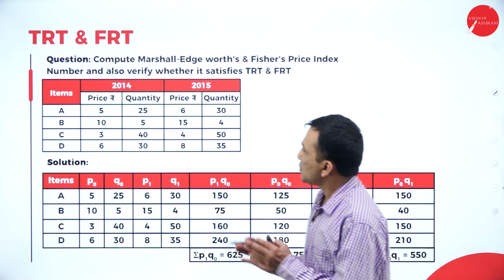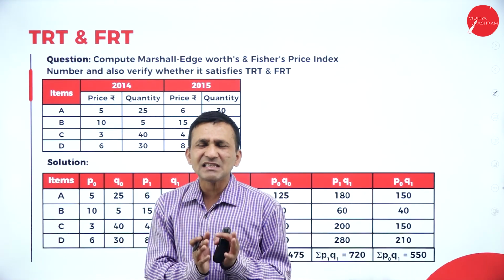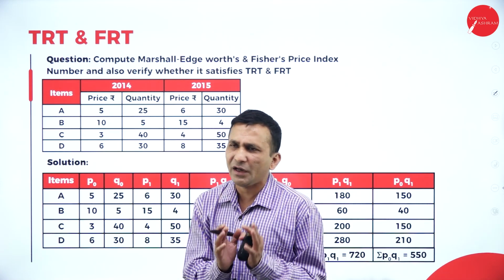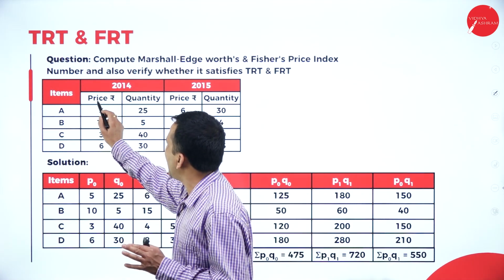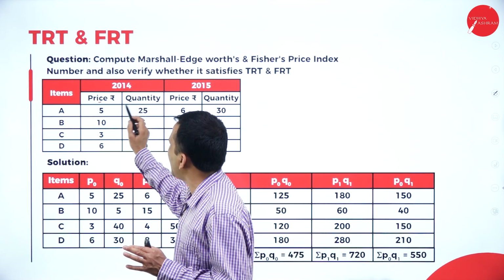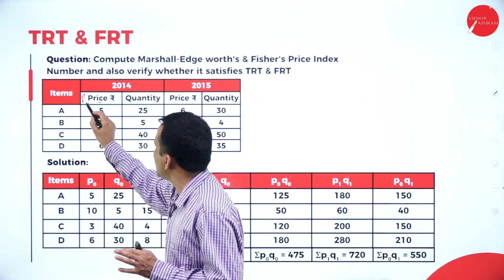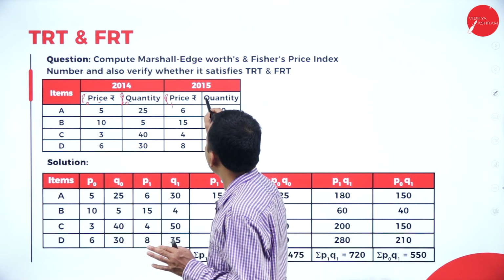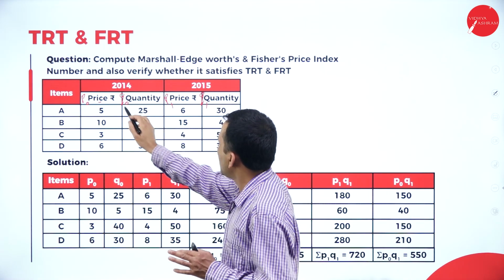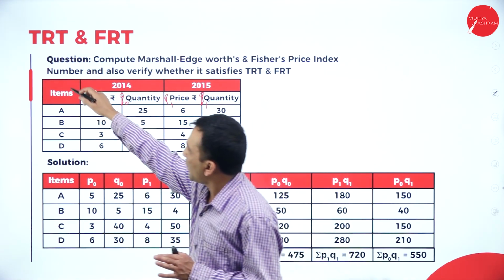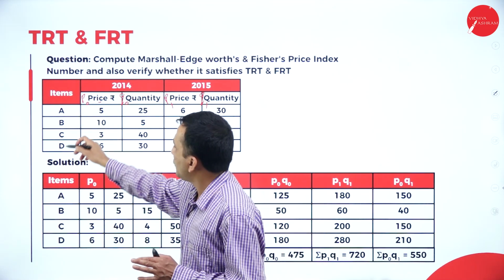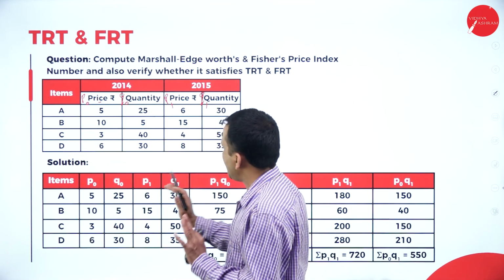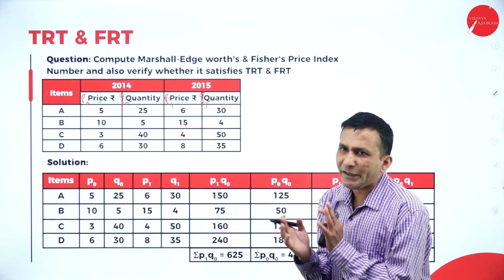Moving forward, there is one question they are asking to do. The given information, the base year price, the base year quantity, symbolically we can write P0 and Q0, and P1 Q1. Now this is your information, the commodity items are given A to B, so the value, whatever it is there, I just want to construct according to the formula.